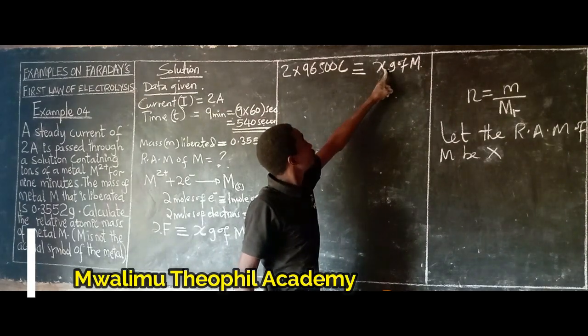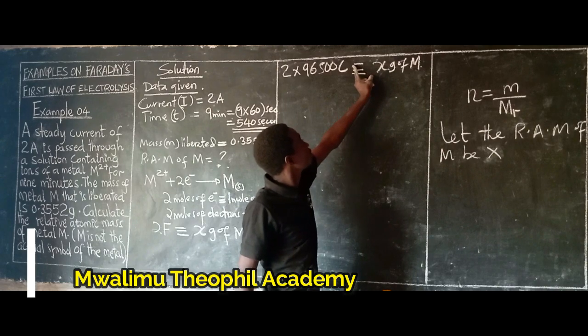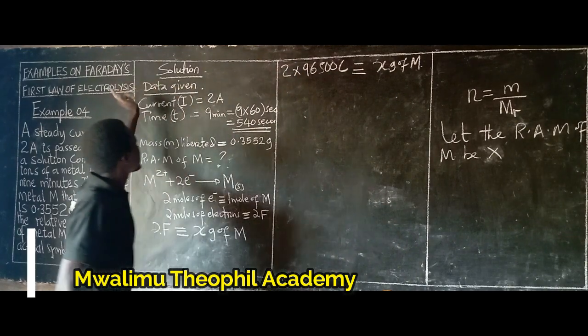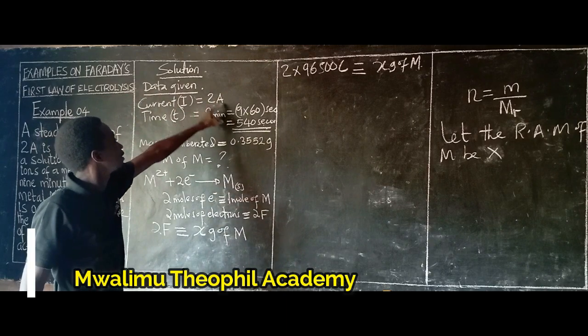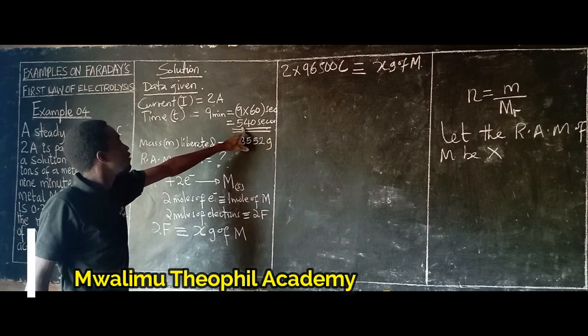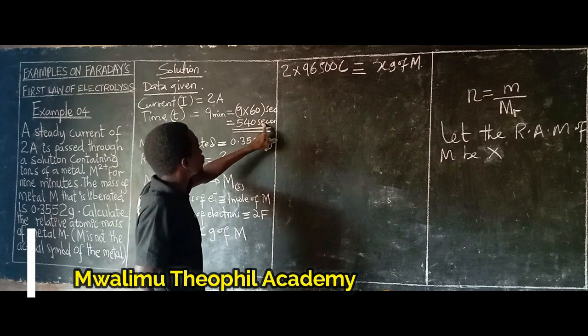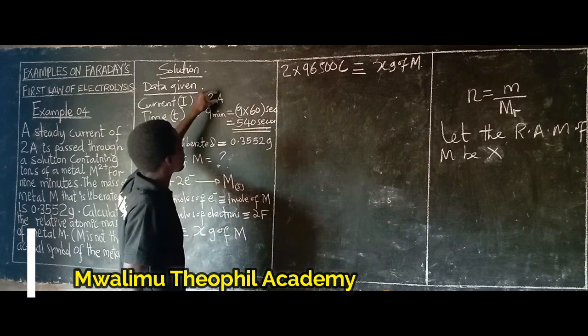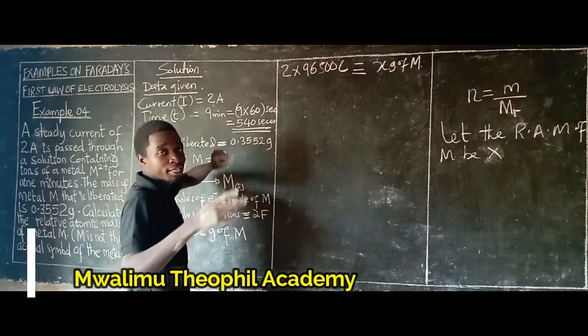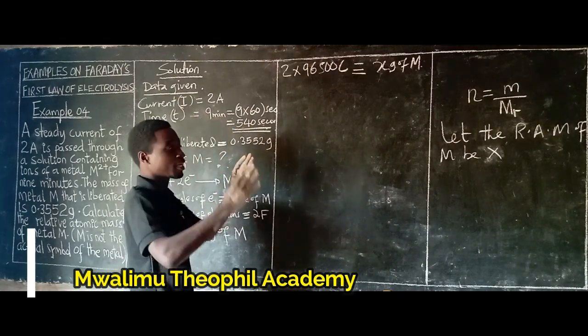Now we are going to relate this equation with the data given. The data we have is a current of 2 ampere and a time of 540 seconds. To relate these two values into coulombs, we take current times time.